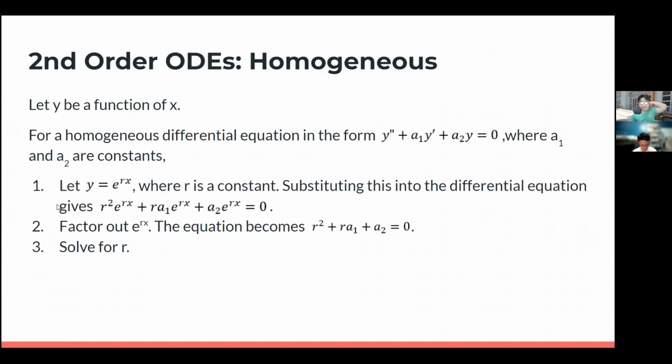The idea of second order ODEs is that instead of the first derivative being the highest, we have a second derivative. And the painful part is that it's possible we still have a first order derivative.